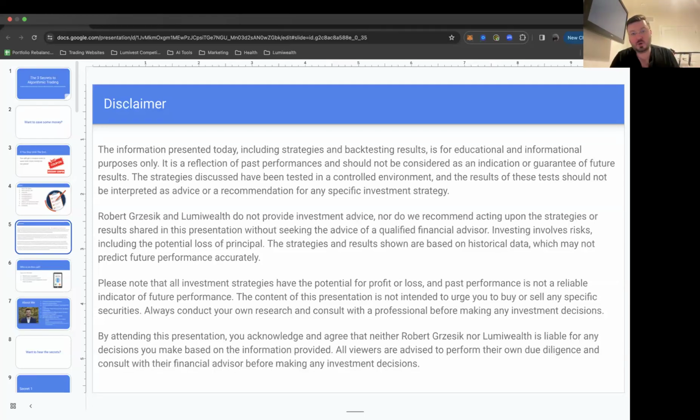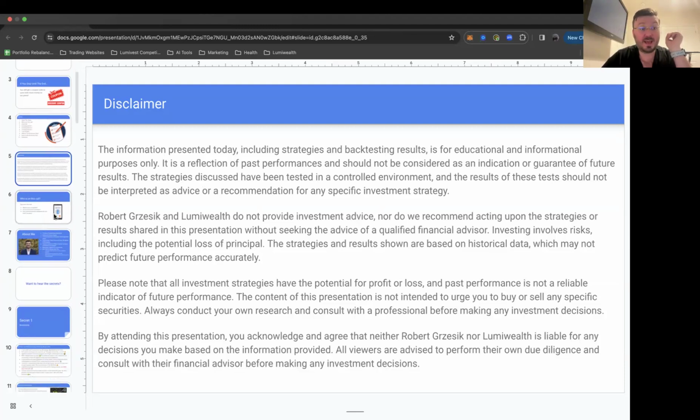And as usual, just because we've accomplished certain results doesn't necessarily mean that you're going to get those results, although a lot of people have been getting those results. But the typical legal jargon here: past performance does not necessarily mean future results, right? So we're not giving a guarantee of any kind of investment returns here, although we have been getting some very, very good results that I want to show you guys.